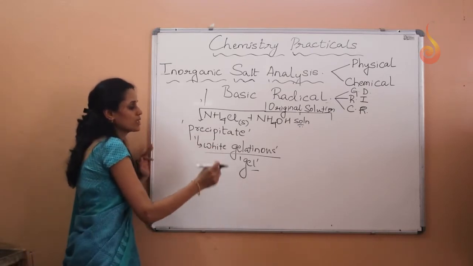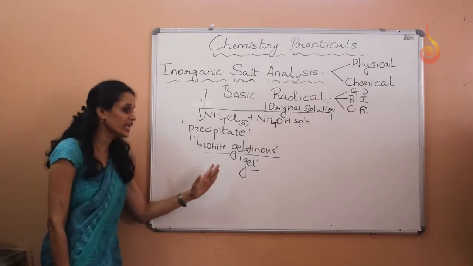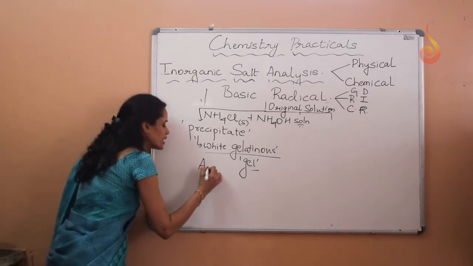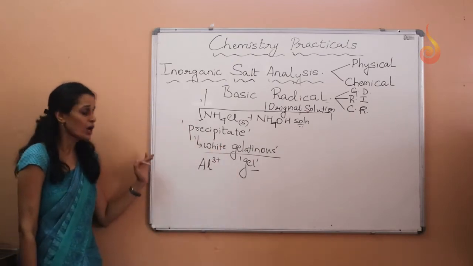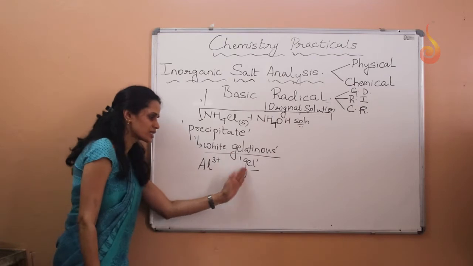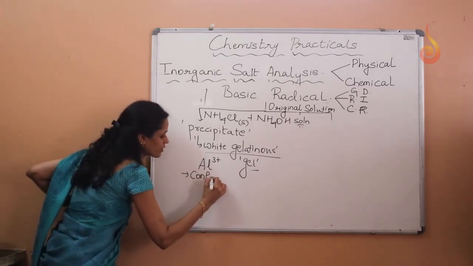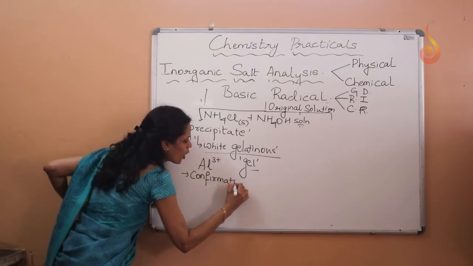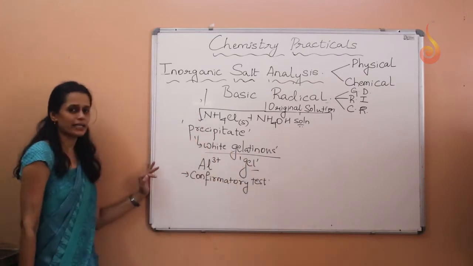That's why we say a white colored gelatinous precipitate indicates that aluminium ion is present in the salt. Once it's done, we perform a confirmatory test to confirm the radical.